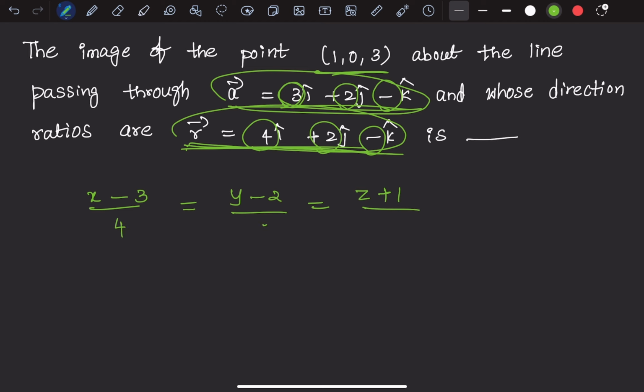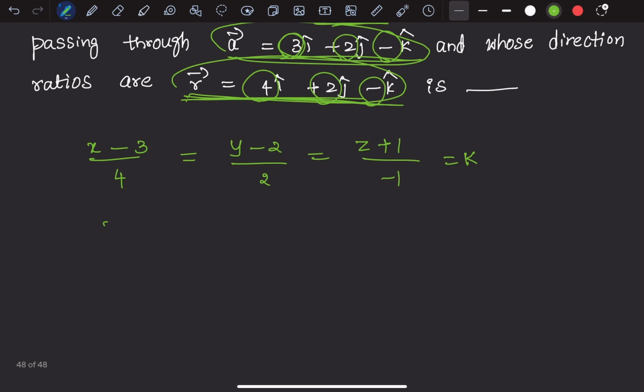So let us say this is equal to k. So x can be written as 4k plus 3, y can be written as 2k plus 2, z can be written as minus 1k minus 1.